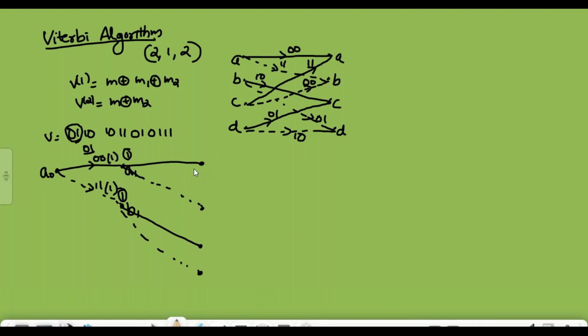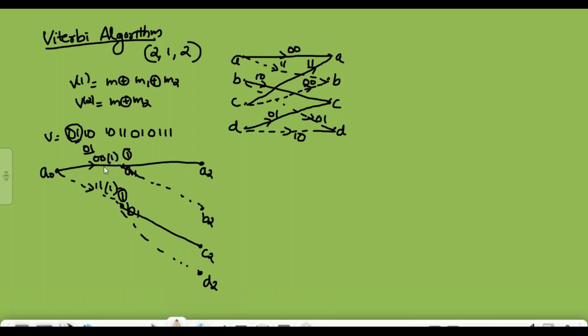Next, we write A2, B2 like that. Here A2, here B2, here C2, D2. In this stage, all the states take 2 as a suffix. In the next stage we will write A3, B3, C3, D3 like that.